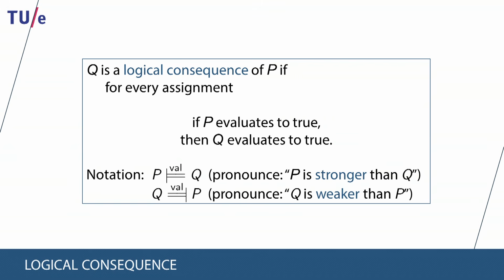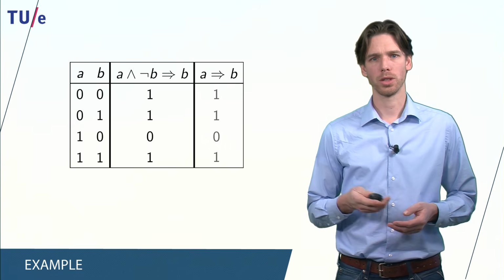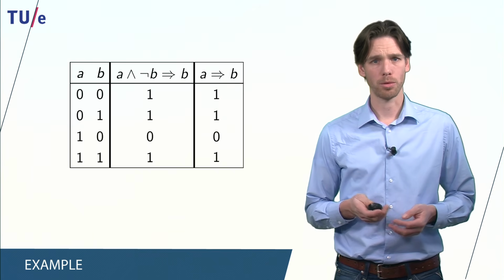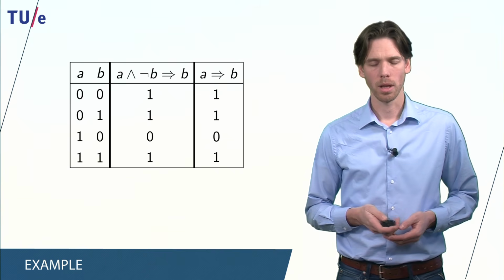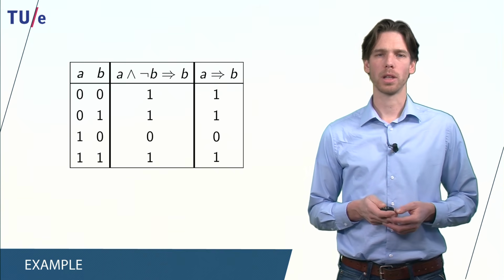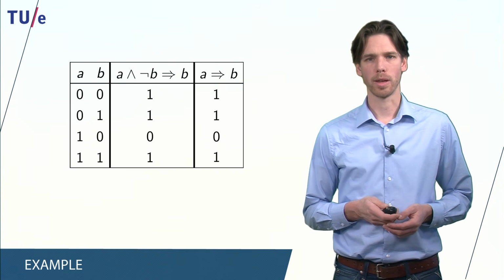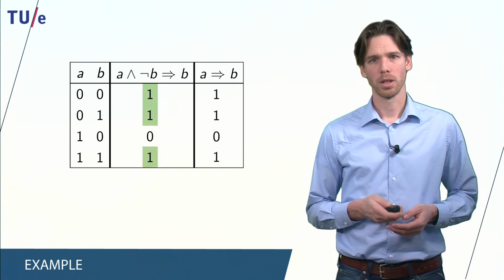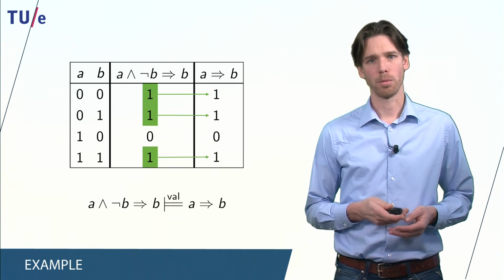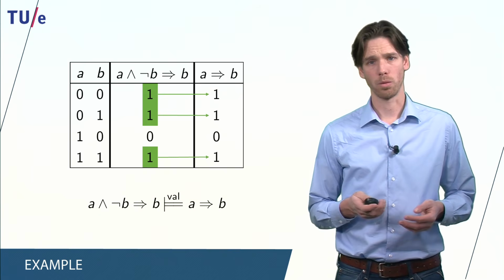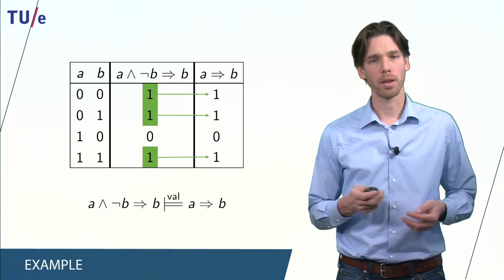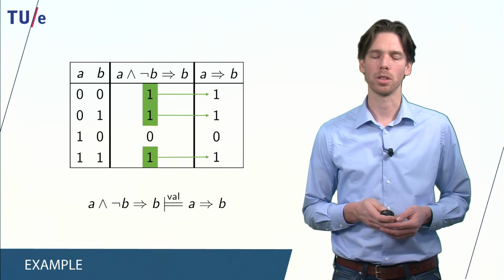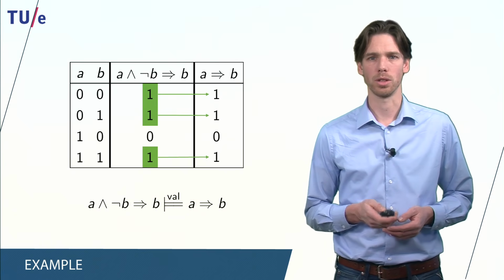Let's see a few examples. So first of all, let's consider the example of these abstract propositions, A and not B implies B, and A implies B. And we have already discovered in the previous lecture that these abstract propositions are equivalent. Indeed, the ones are carried over from left to right. So whenever the left-hand side abstract proposition is true, then so is the right-hand side. And therefore, the left-hand side abstract proposition is stronger than the right-hand side abstract proposition.